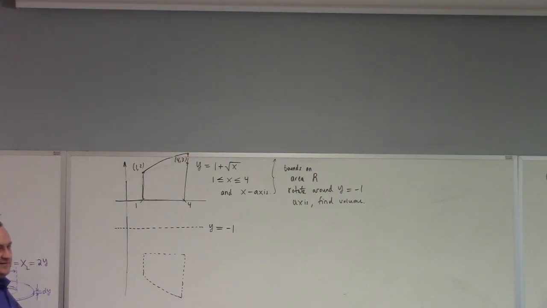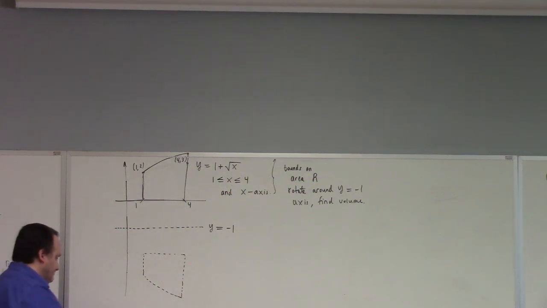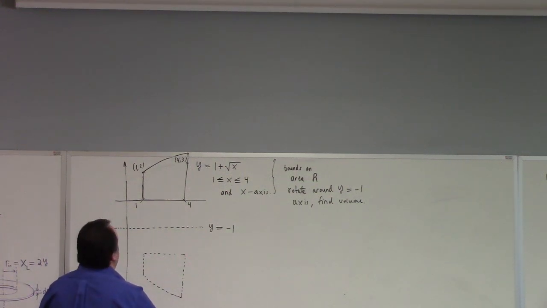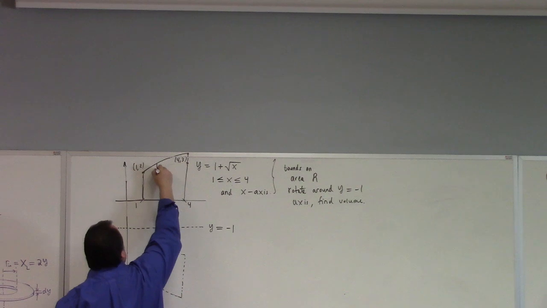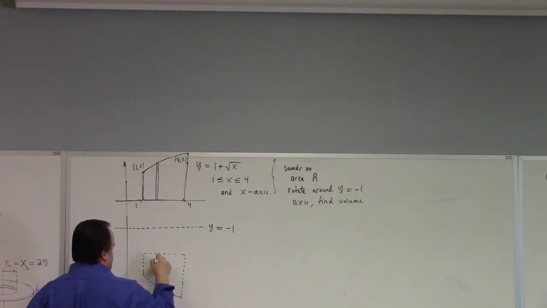So the point here is that we have this solid of revolution like this, right? Now, my inclination is to use washers. So let me show you how I do that. I would cut it like this. Here's a typical washer, and then down here, like that.